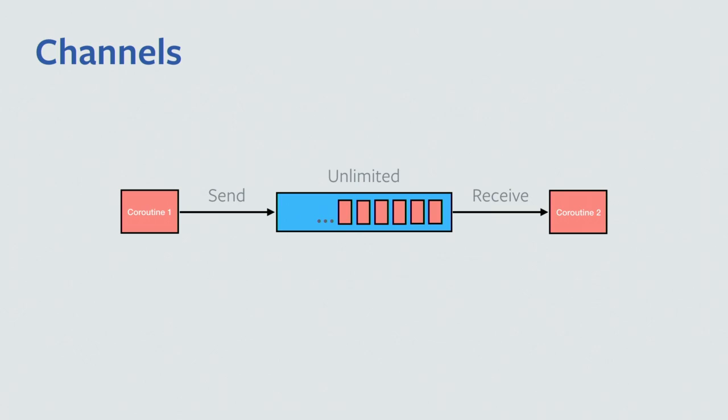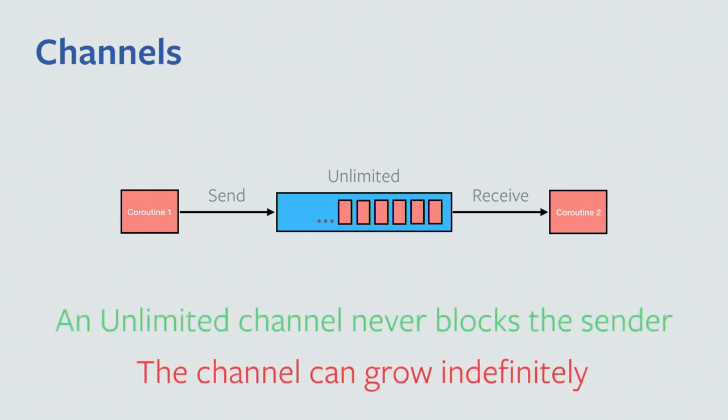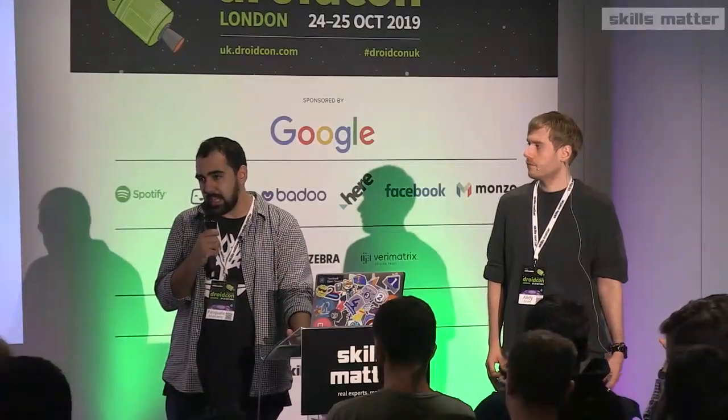You can send as many messages as you want from whichever coroutine or whichever thread, and these messages will just accumulate until the receiving coroutine executes through them all. And of course, this is very nice because it doesn't block the sender. So for example, if you're sending from the UI thread, this is a very nice property.